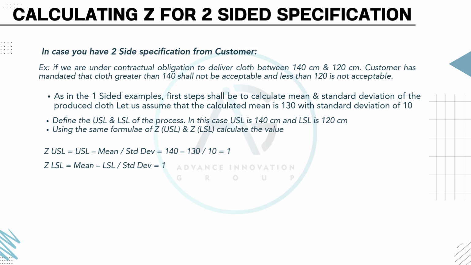Define the USL and LSL of the process. In this case, USL is 140 centimeters and LSL is 120 centimeters. Using the same formulae of Z USL and Z LSL, calculate the value. Z USL equals USL minus mean divided by standard deviation equals 140 minus 130 divided by 10 equals 1. Z LSL equals mean minus LSL divided by standard deviation, which equals 1.